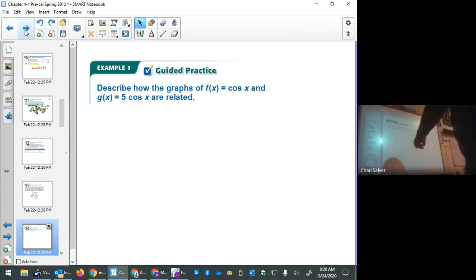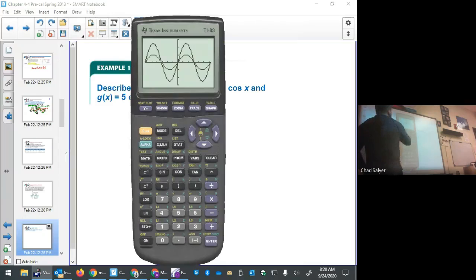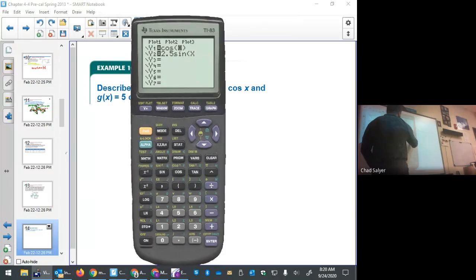Good. So what you should have found is the following. The cosine of x, and actually I don't have enough y here. Let me change my window.